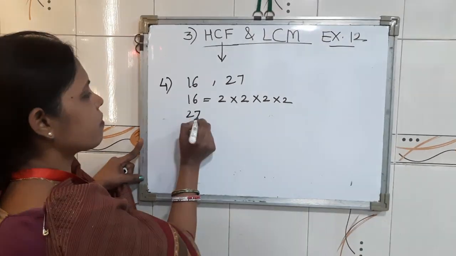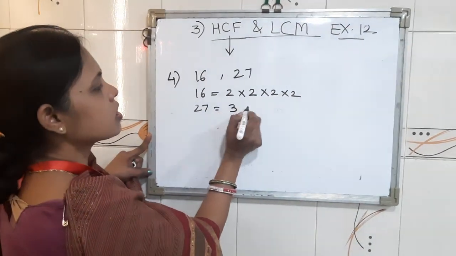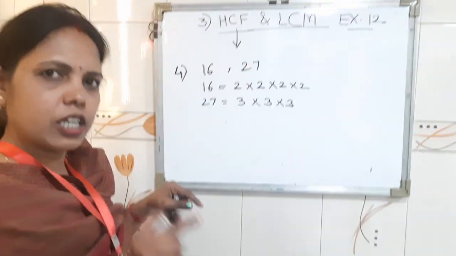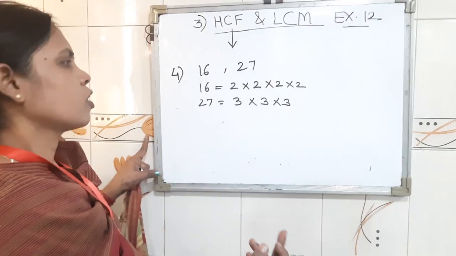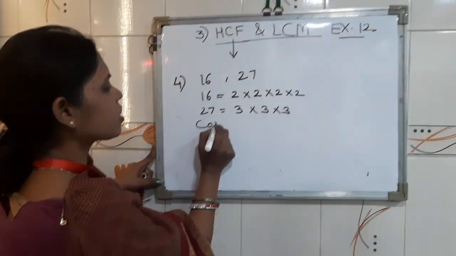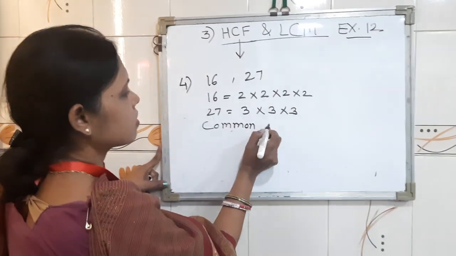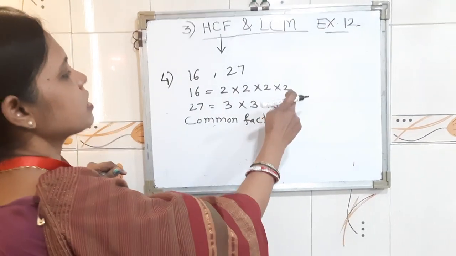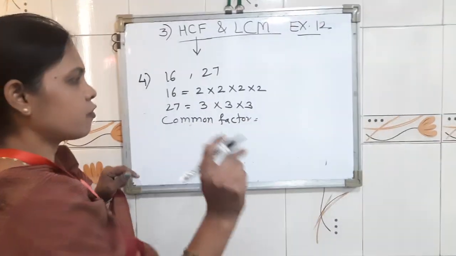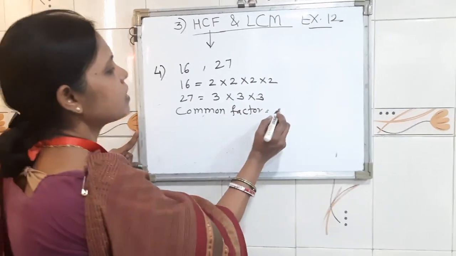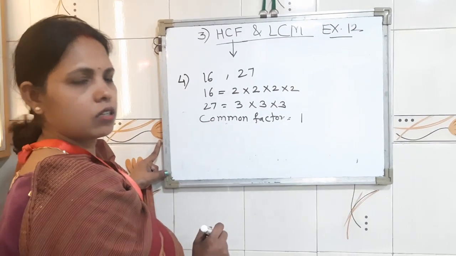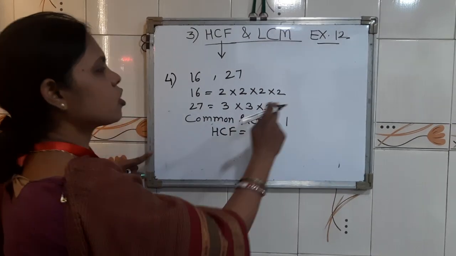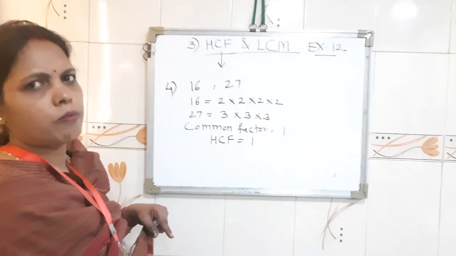For 27 we have the factor 3 into 3 into 3, means multiplication of 3 three times. So children, here we can see the common factor. Which number is there as a common? No number is there as a common. Therefore, instead of no number, we will write 1. After that, our HCF will be 1 only, because no number is there as a common.